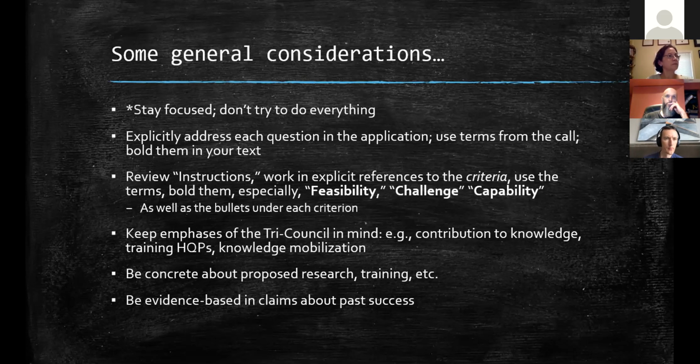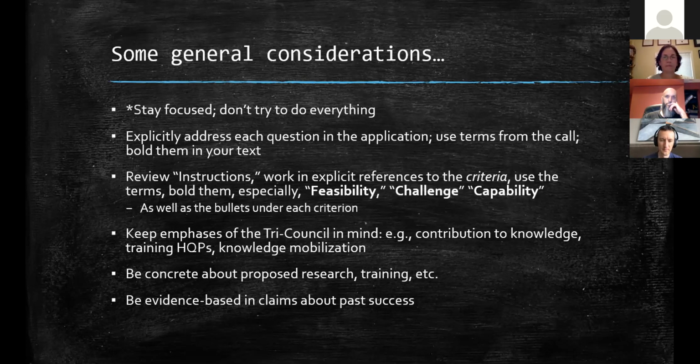Something that the other speakers have already talked about, and I would encourage this too, is be absolutely shameless about using the terms from the call in your own response. Just go ahead and use those terms like feasibility, challenge, capability, and even highly qualified personnel, right? Because the reviewers need to be able to find all of that.